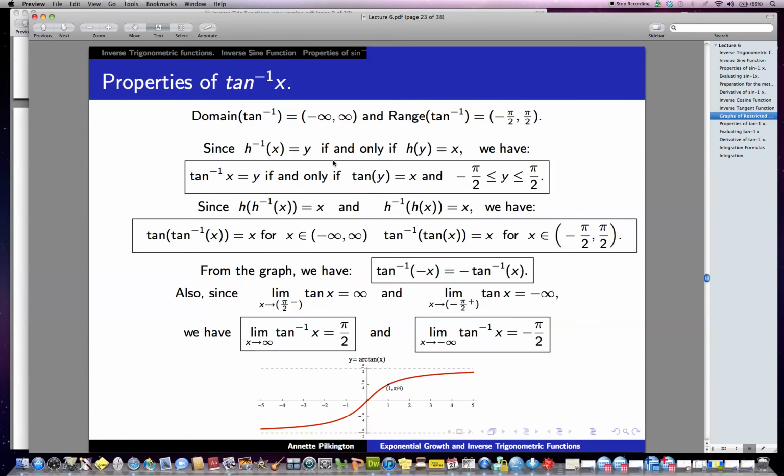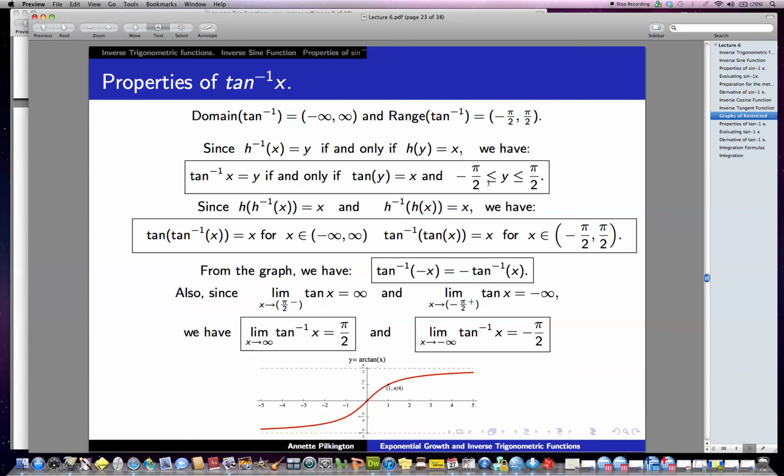Here we have the details. We have the domain of tan inverse is now every number between minus infinity and infinity, and its range is the set of angles between minus pi over 2 and pi over 2. Algebraically, tan inverse of x equals y, if and only if tangent of y equals x, and y is between minus pi over 2 and pi over 2.